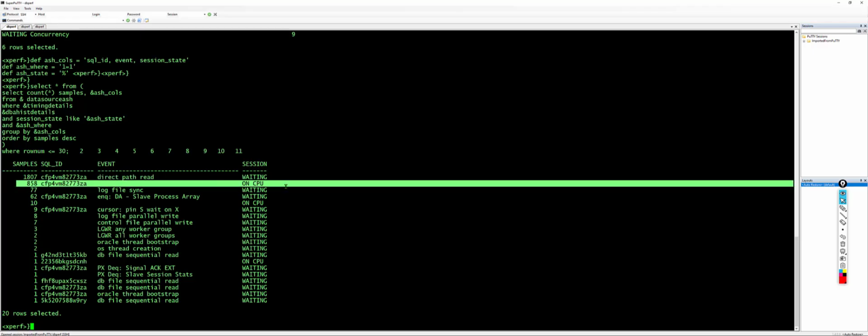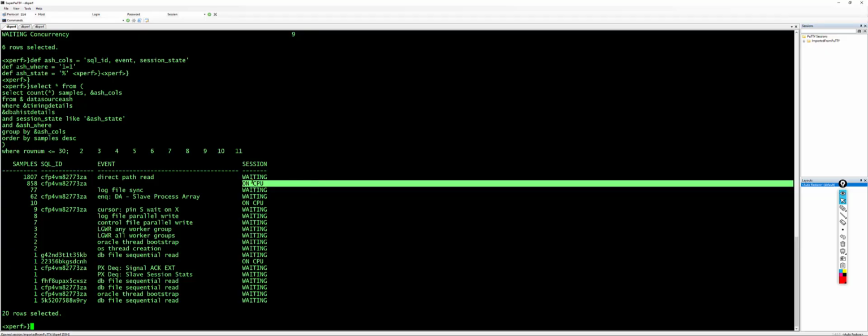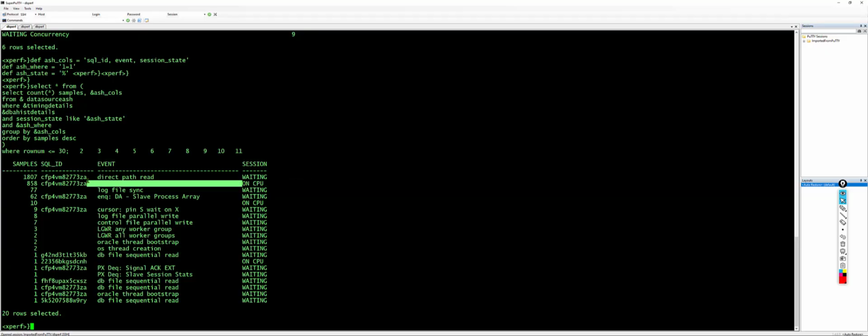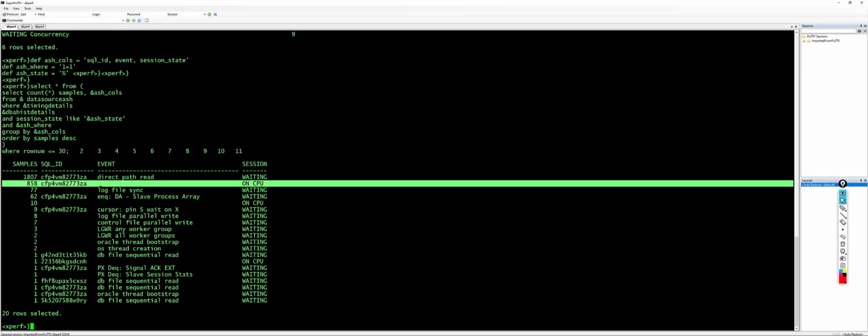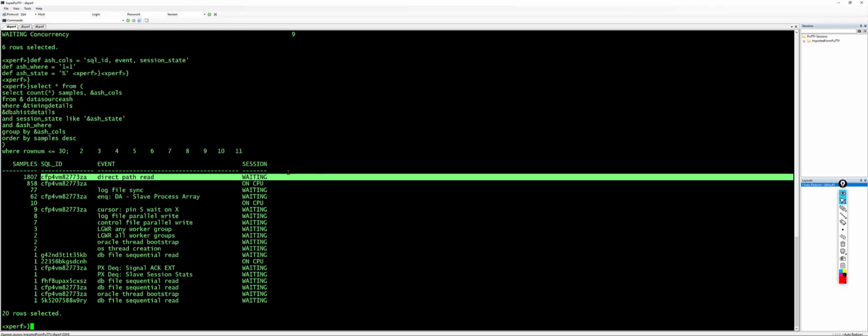And second, the SQL has consumed almost 858 samples on CPU. This is fine, because obviously every SQL that executes needs to consume CPU. Since this SQL didn't get the data in memory, it is directly doing this IO, direct path read.